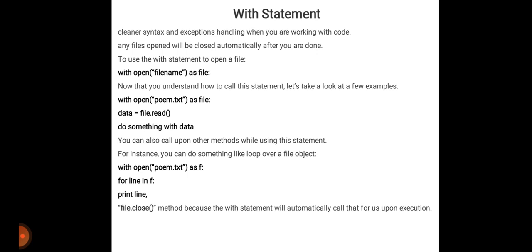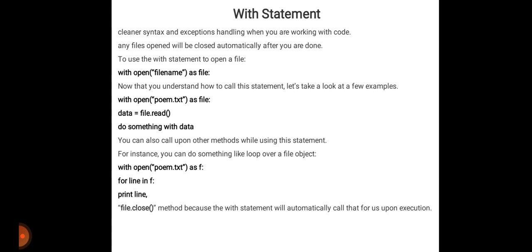We will see how to use the with statement to open a file: with open file name as file. Now that you understand how to call this statement, let's take a look at a few examples: with open poem.txt as file, where poem.txt is your file name, and data equals file.read.